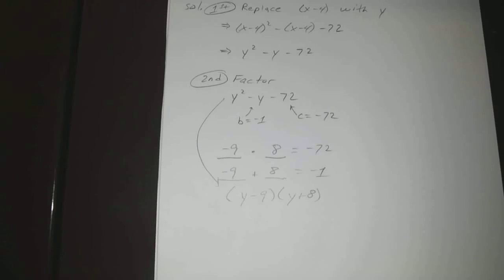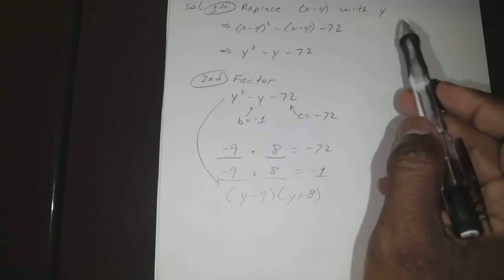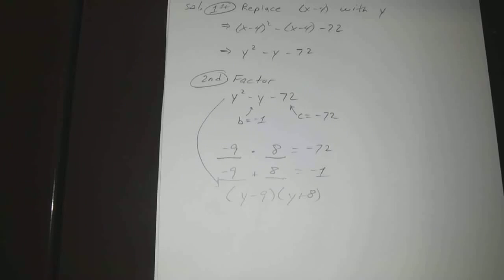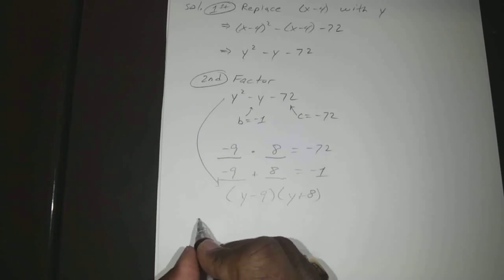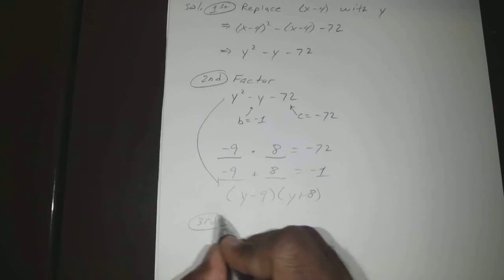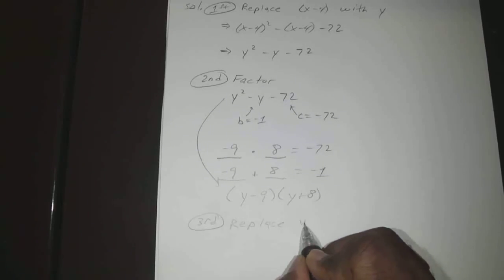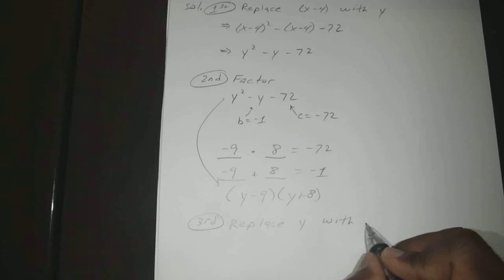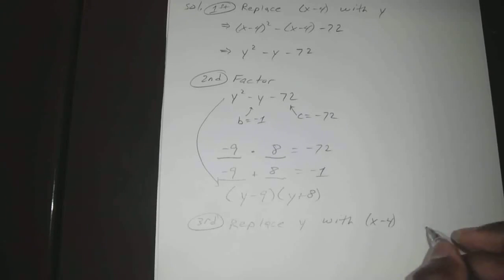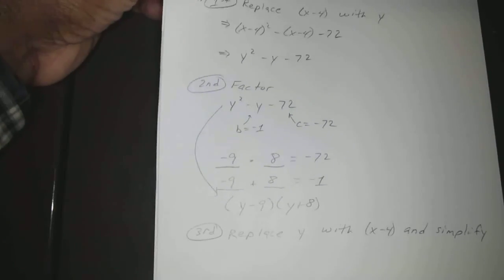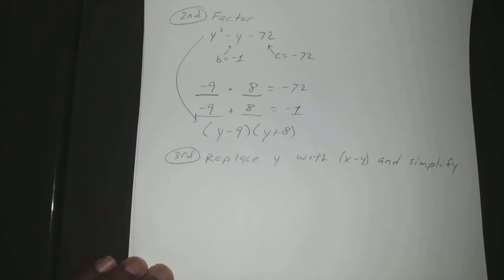Okay. So now we'll replace the y with x minus 4, and we simplify. Replace y with x minus 4 and simplify. All right, so go ahead and move that up.